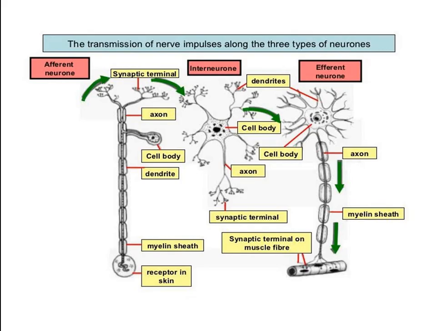The interneuron travels the signal through the axon to another efferent neuron. So you can see the three types of neuron that travel the impulses from one to another, like afferent neuron, interneuron and efferent neuron.